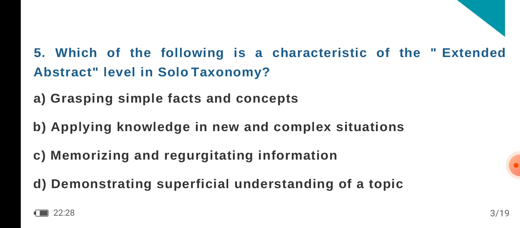Okay, which of the following is a characteristic of the extended abstract level in SOLO Taxonomy? Letter A, grasping simple facts and concepts. Letter B, applying knowledge in new and complex situations.